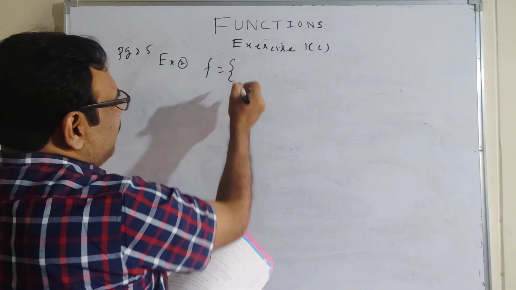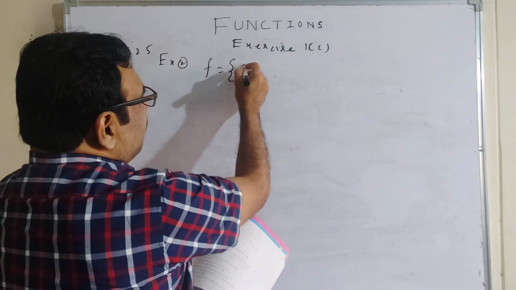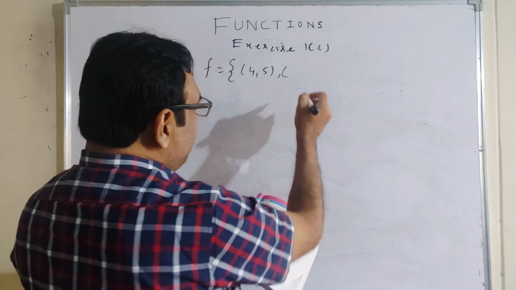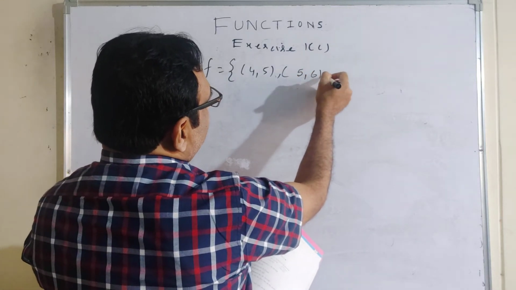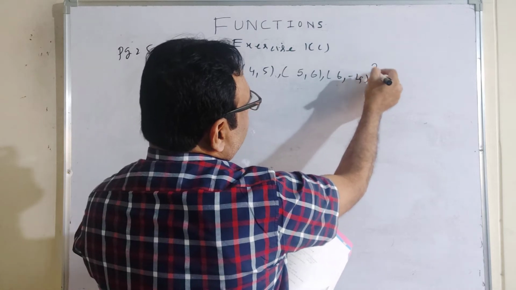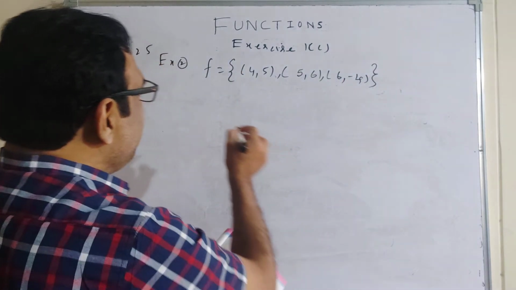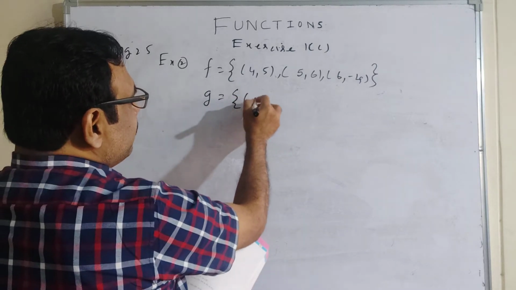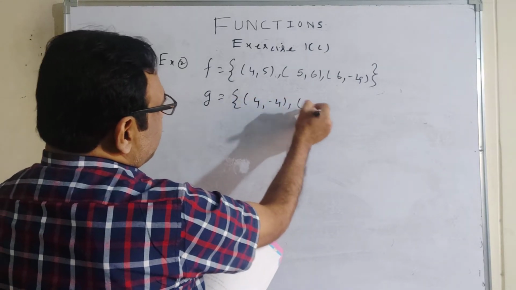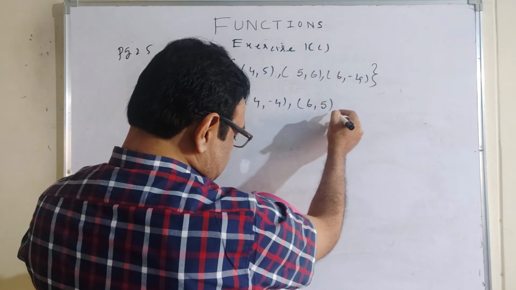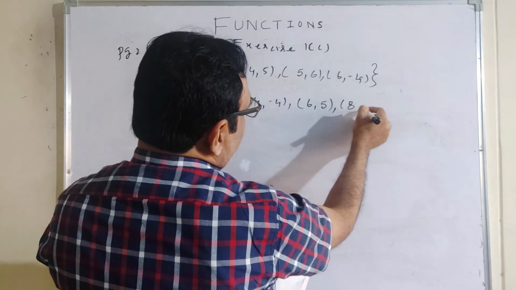He has given f is a function and the set of ordered pairs of f are 4, 5, and he has given 5, 6, and this is nothing but 6, minus 4, and close this part. And he has given this is going to be g, and he is asking us to find this is 4, this is minus 4, this is 6, 5, and this is going to be 8, 5.